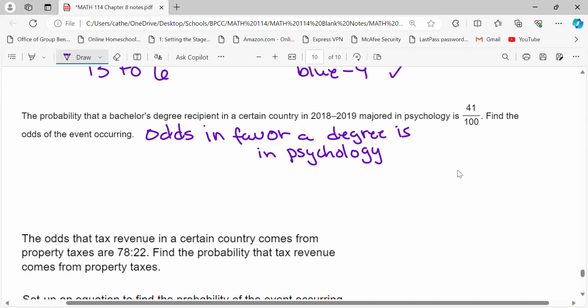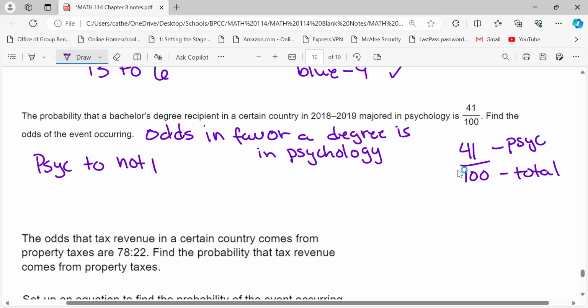If we look at the probability, this is your psychology majors, and this would be the total number of majors. So the odds are different. For the probability, we have what we want over the total. For the odds, we want psychology majors to not psychology majors.